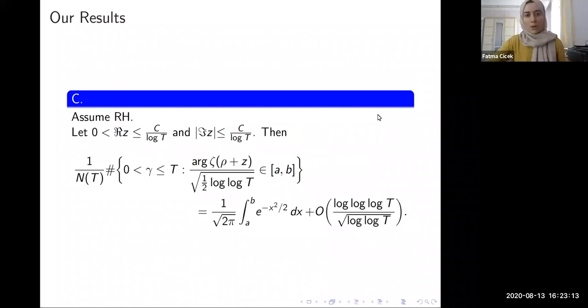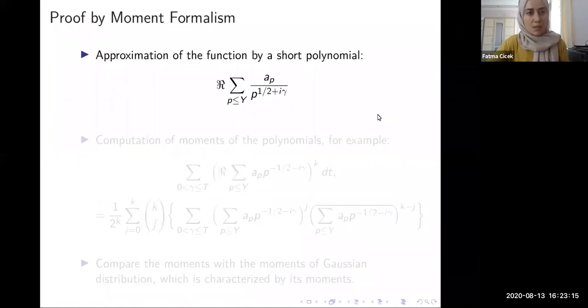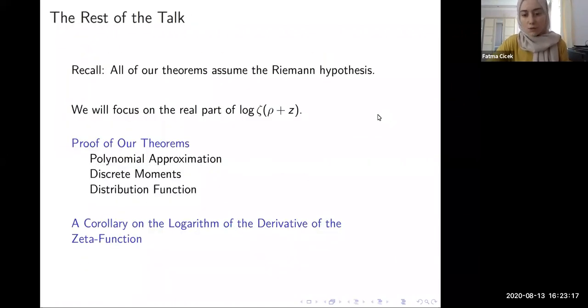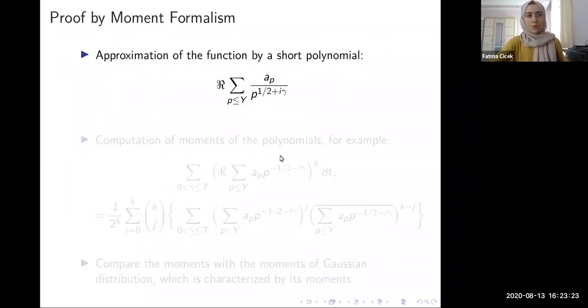Okay. So this was the plan for the rest of the talk. Now I want to go back to the proof of our theorems. The idea is the following. We take our function and approximate it by a polynomial. In our case, since it's the real part of the function, we look at the real part of a polynomial.